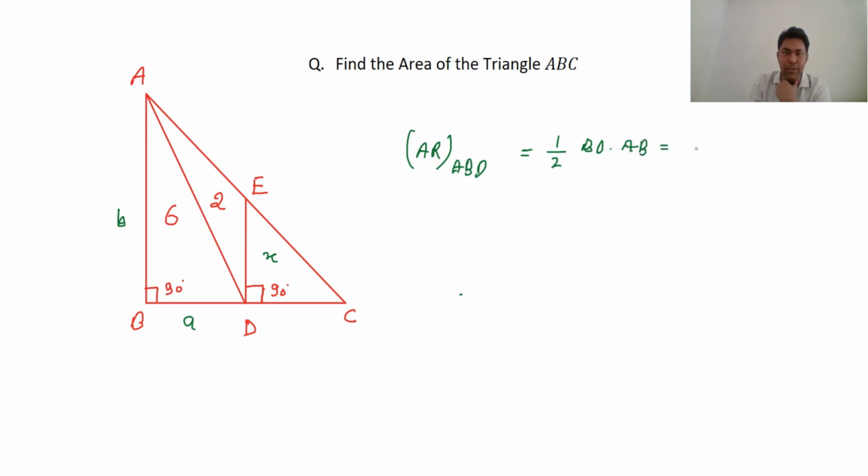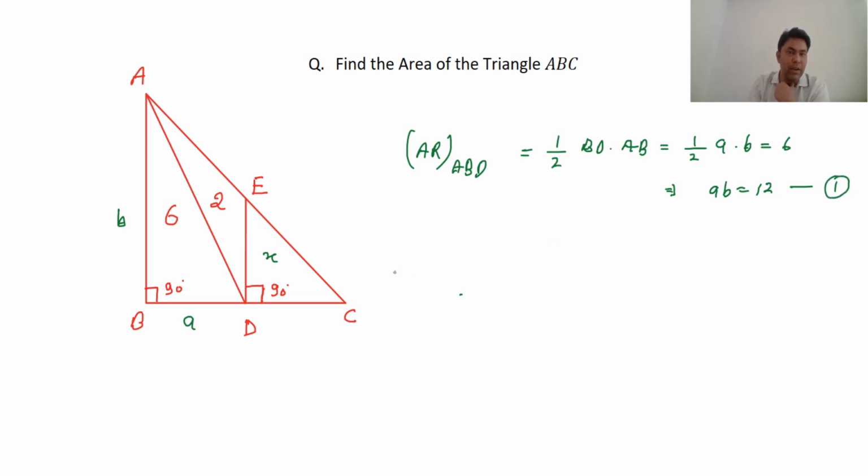After putting their values, it can be written as 1 by 2 times BD, that is A, and AB, that is B. And the area of this triangle ABD is given as 6 unit. So we can equate 1 by 2 times AB with 6. Further from here we can write AB is equal to 12. Let's call it equation number 1.